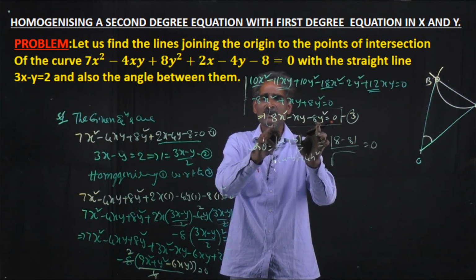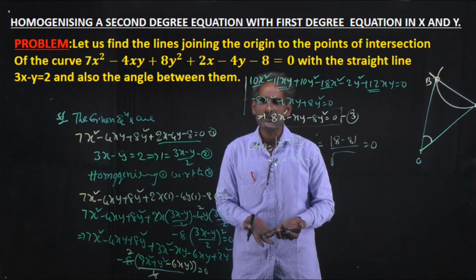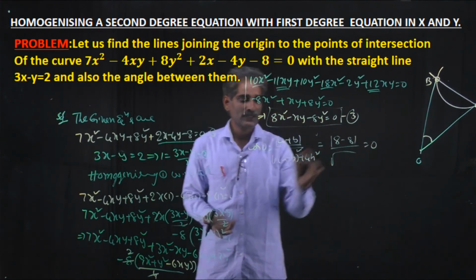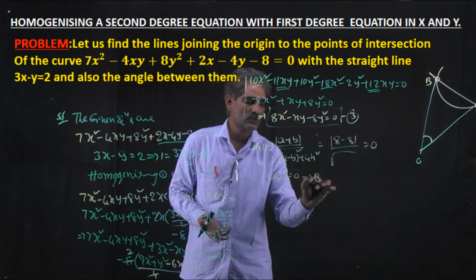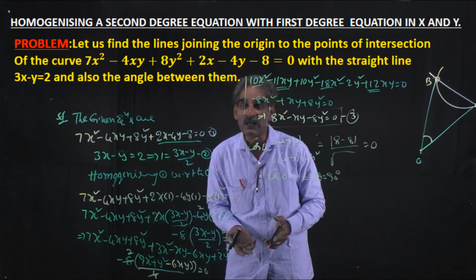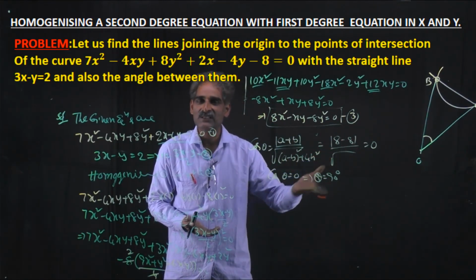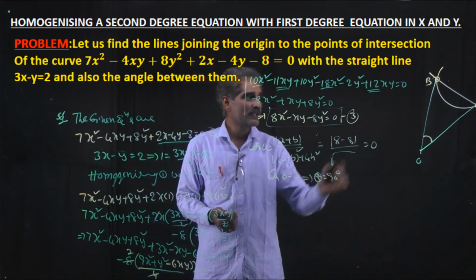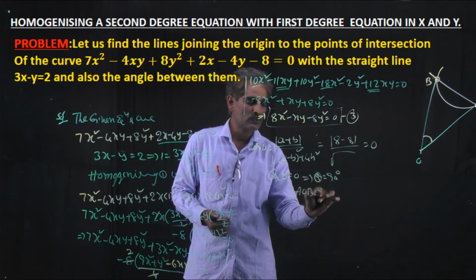Otherwise here also we can say that the coefficient of x square plus the coefficient of y square equal to 0, that means the lines are perpendicular. Therefore cos theta equal to 0, theta equal to 90 degrees. Therefore OA and OB are perpendicular lines. The angle between the required lines is 90 degrees. Therefore angle AOB equal to 90 degrees.